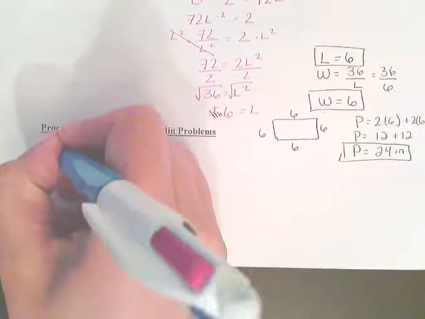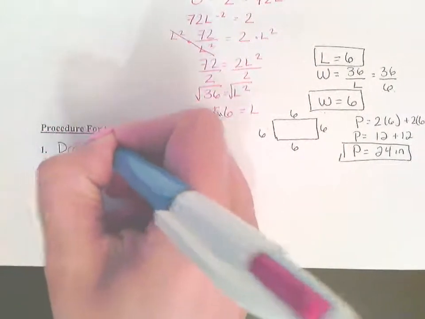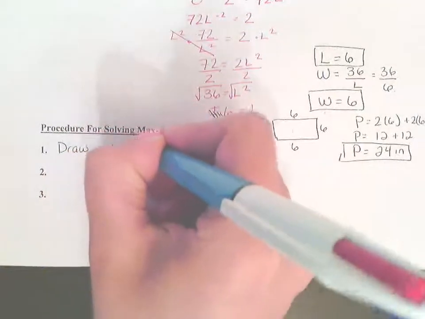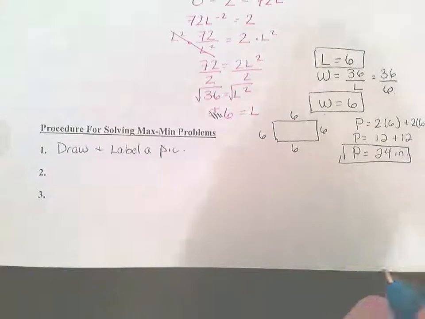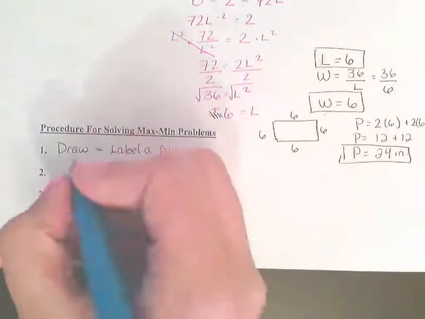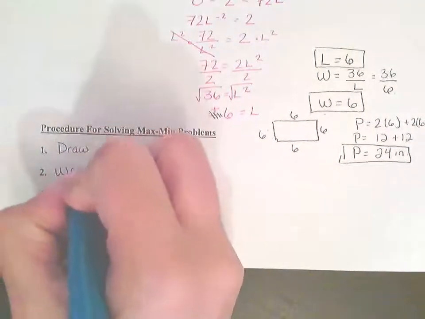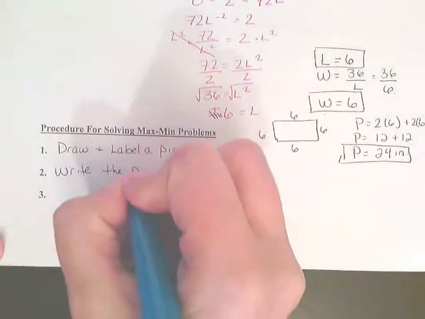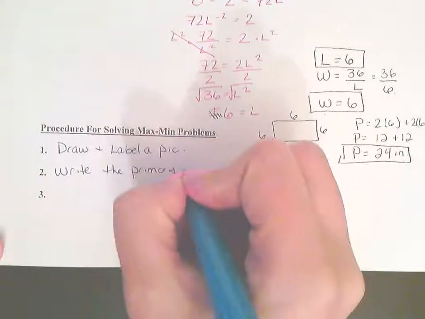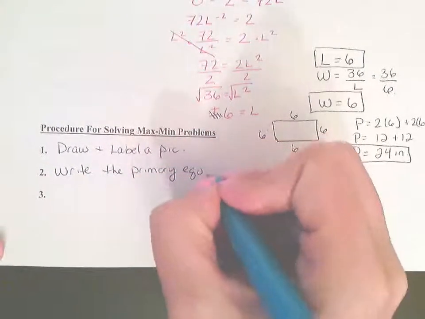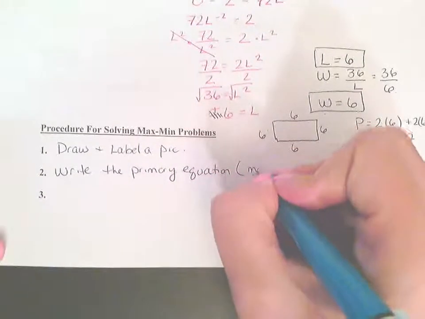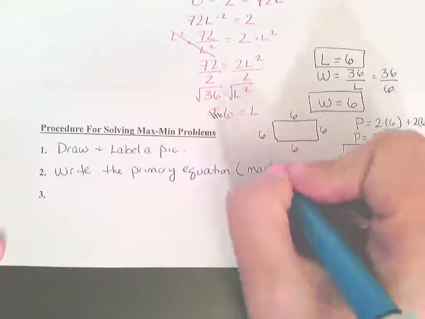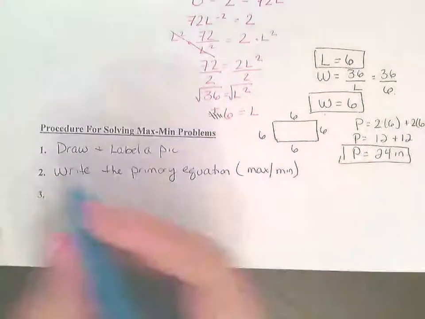You always want to draw and label a picture so you have an idea of what it is that you are looking for. And then you want to write the primary equation, the max or min equation, what they are asking you to maximize or minimize.